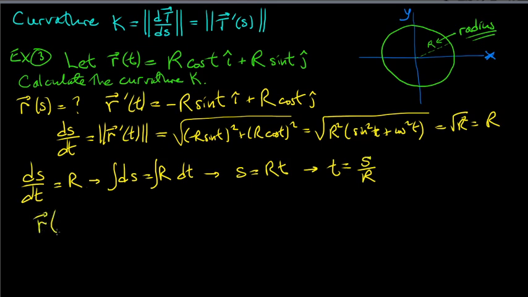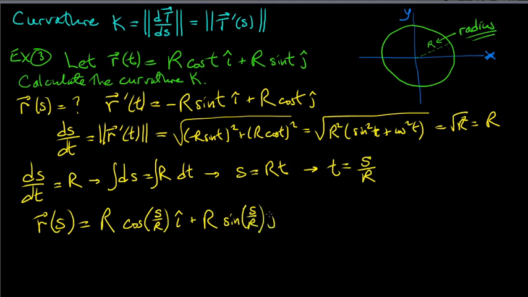So r of s now is just going to be capital R, the radius, times the cosine of what used to be t, which is now s over r, times the unit vector i, plus r times the sine of s over r times the unit vector j. Okay, so this is still the position vector, but written in terms of the arc length parameter s rather than t.